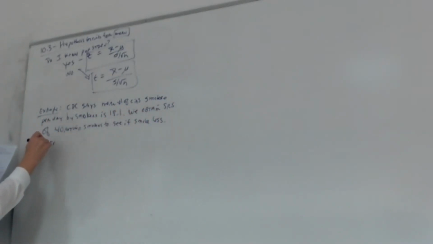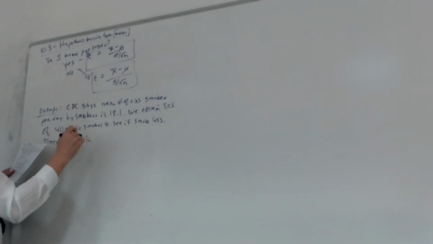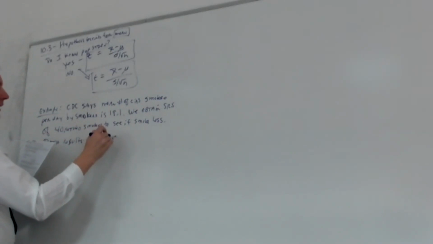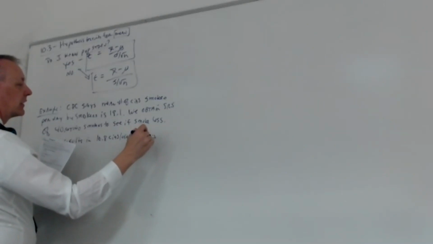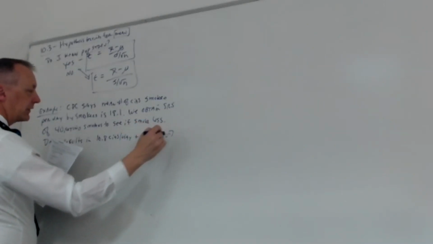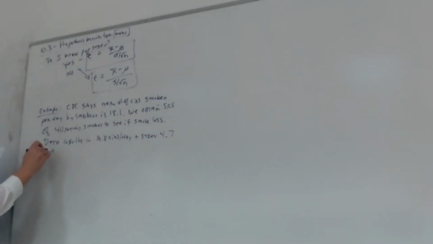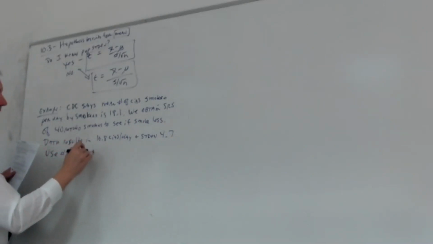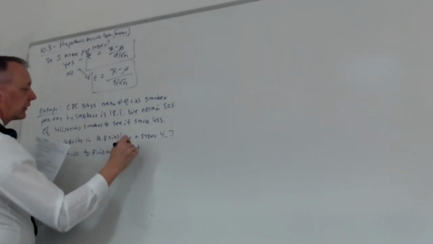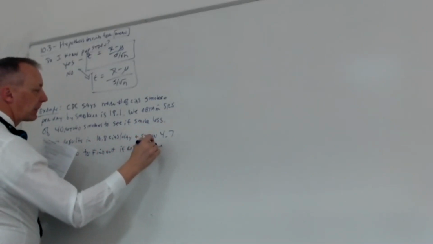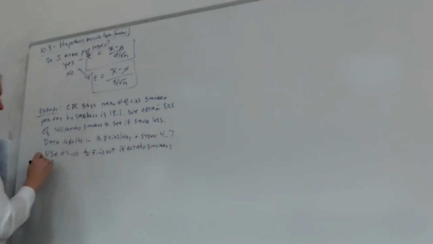The data results in 16.8 cigarettes per day and a standard deviation of 4.7 cigarettes. Use alpha equals 0.10 to find out if retired smokers smoke less.